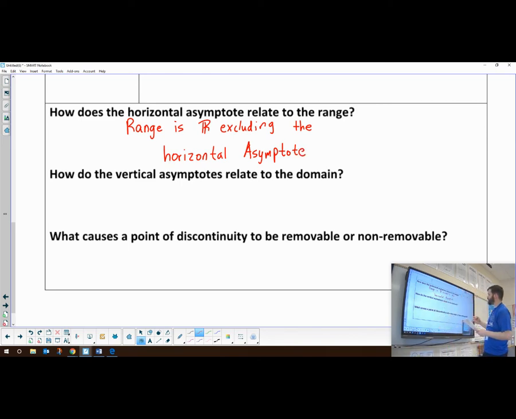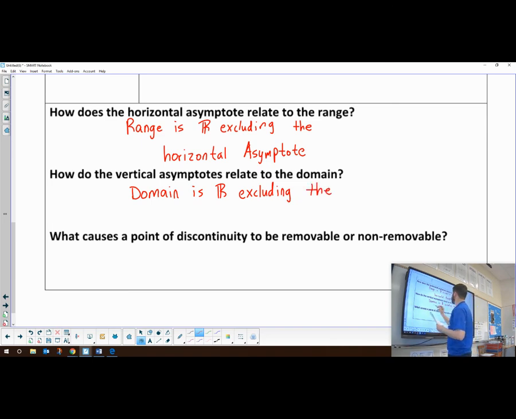And how does the vertical asymptote relate to the domain? Well, the domain is all real numbers excluding the vertical asymptotes, and there can be more than one vertical asymptote, or any holes in the graph that there are. So both of those take away from my domain.